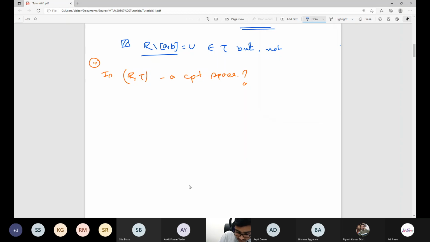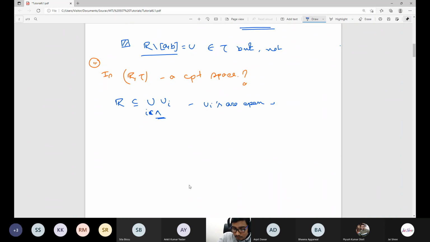Take R as a subset of the union of u_i, i belongs to lambda. This lambda is an arbitrary index set. We do not know whether it is countable or uncountable. It's arbitrary.